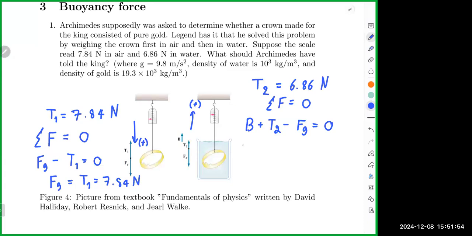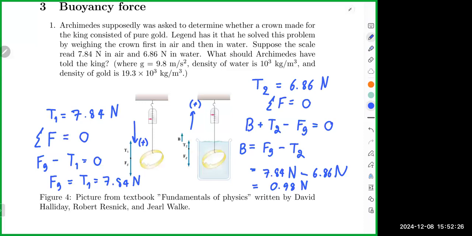B, which is the buoyancy, is the difference between Fg and T2. Fg is 7.84 from the calculation before, and T2 is 6.86 Newton, which means that the buoyancy force is 0.98 Newton.